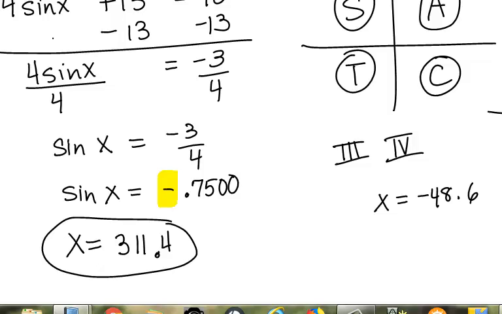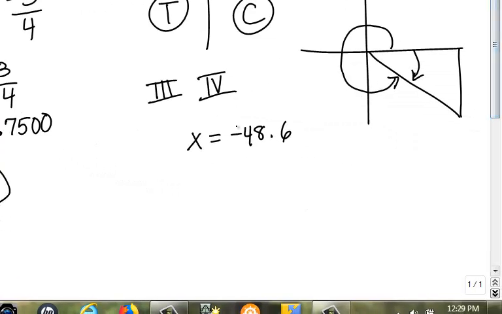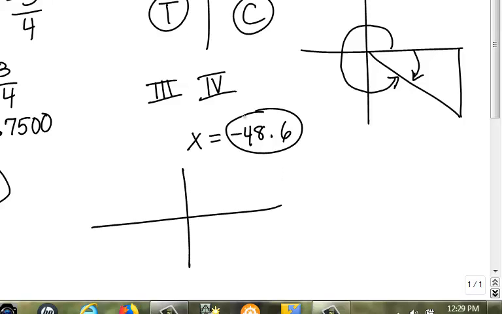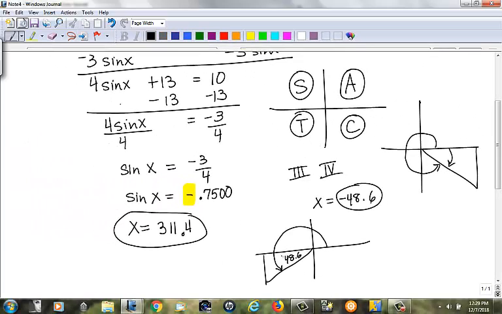Now you have to draw the picture for quadrant 3, and actually the positive side of this is your reference angle. So in, not quadrant 2, quadrant 3. Sorry, quadrant 3. So this is the reference angle, the 48.6. So now what you need to figure is this angle. So what do I have to figure on the calculator? Yeah, 180 plus the 48.6.